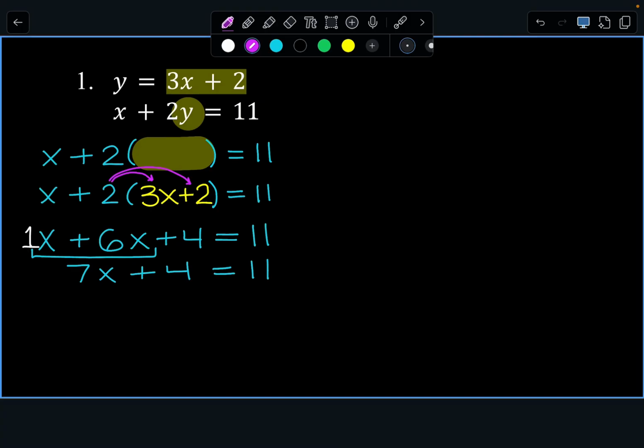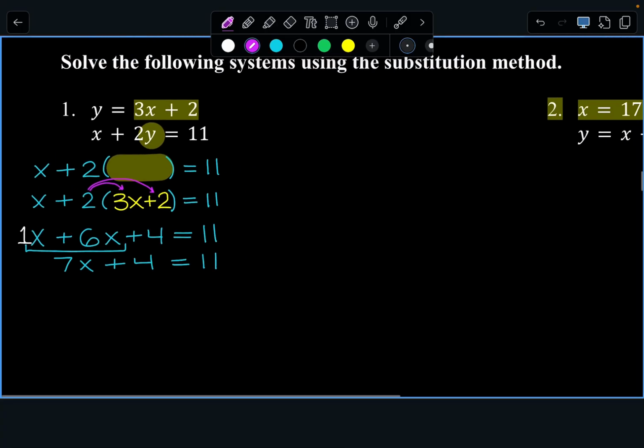To finish solving for x, we're going to subtract 4 from both sides. We're left with 7x. Oops, I crossed out the wrong one, sorry. 4 minus 4 cancels. We're left with 7x equals 7.